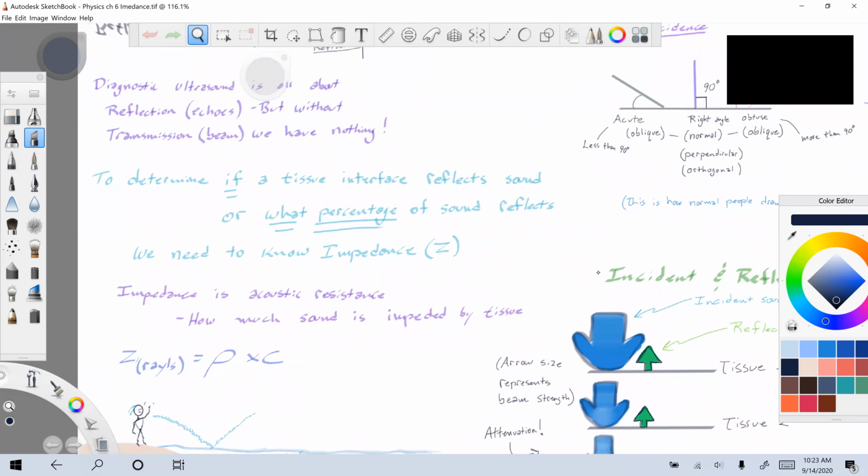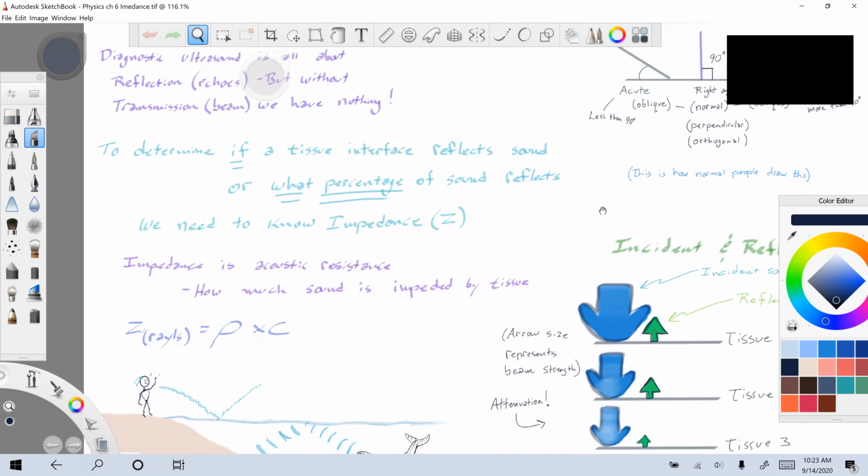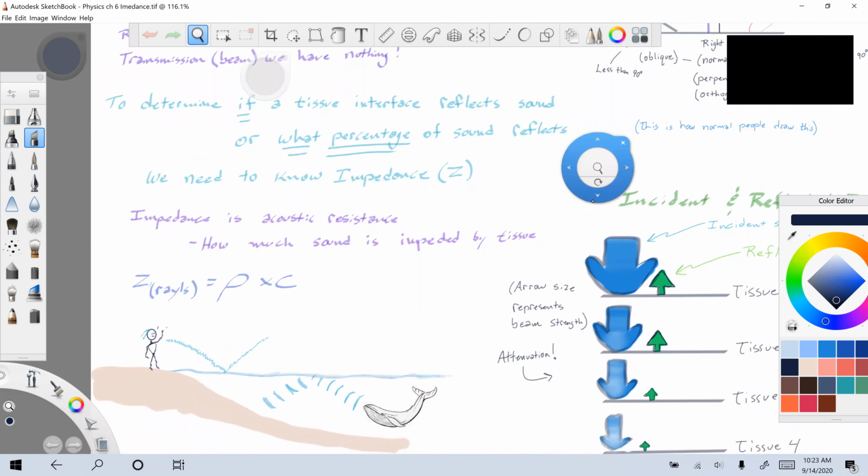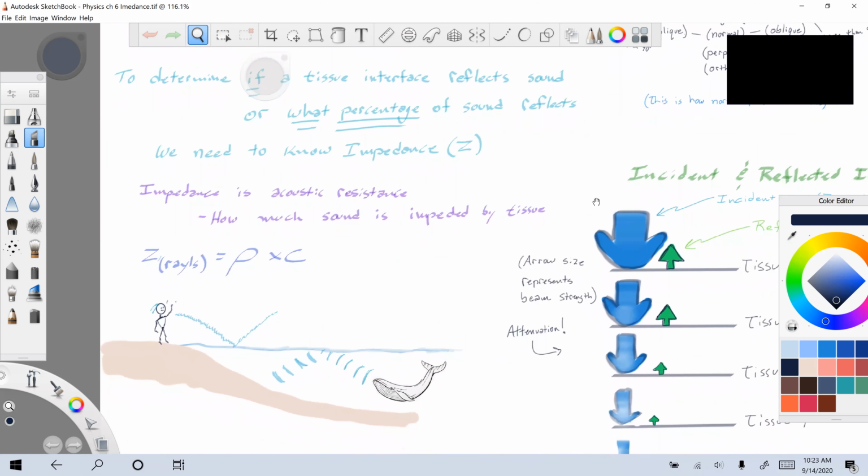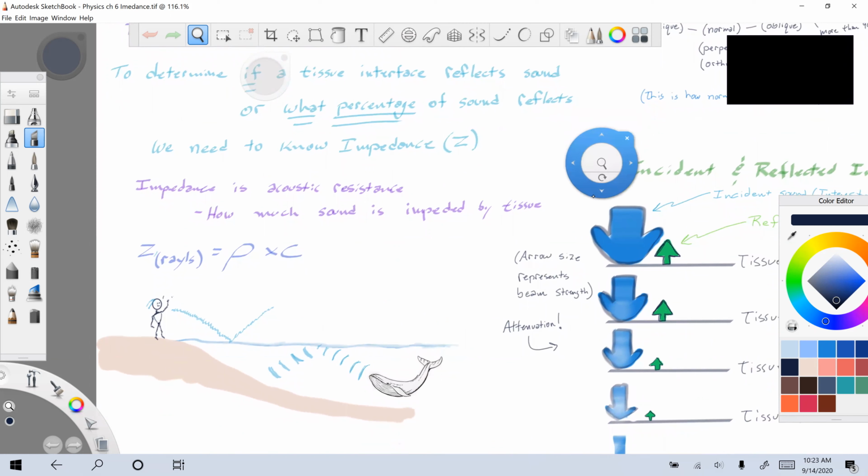To determine if a tissue interface reflects sound, or what percentage of sound is reflected by an interface, we need to know the impedance. Capital Z is the symbol for impedance. It's acoustic resistance. How much sound is impeded by the tissue?